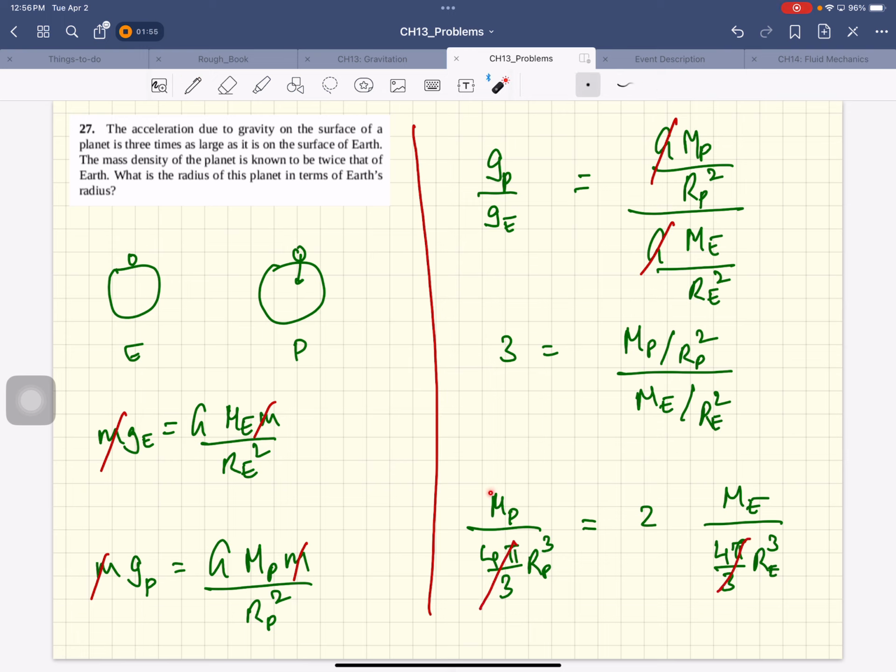What I'm going to do is, I'm going to take one of the radii and bring it over there, and bring that over here. So let's make sure we understand this. Okay, tell you what, I'll bring this to the other page.